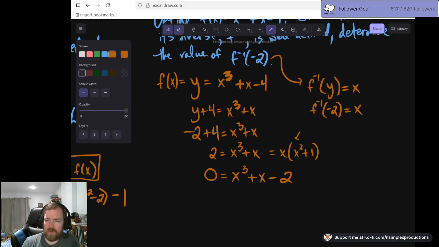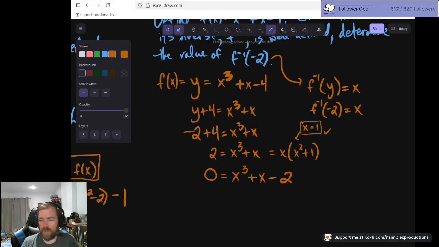We do know here that if you plug in x is equal to 1, we're going to get 1 times 1 plus 1. So 1 times 2 is 2. So that does work. It's usually better to do it some other way.